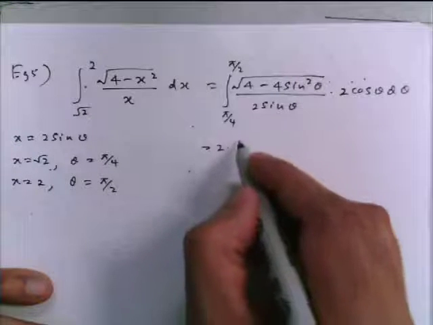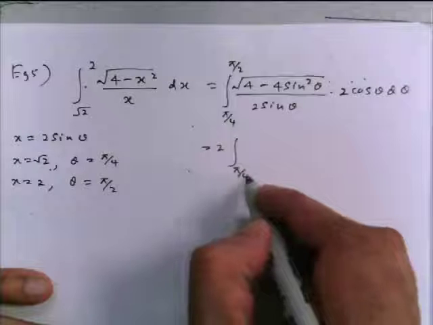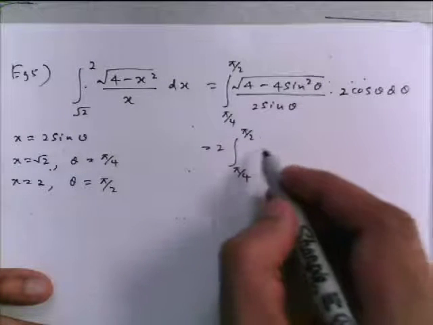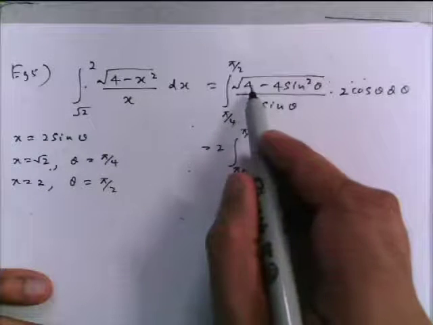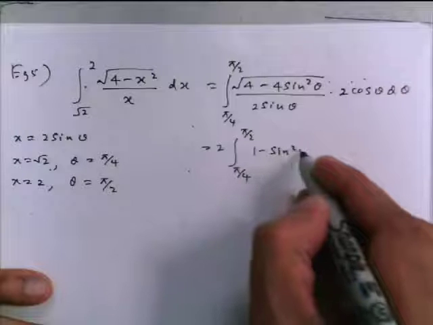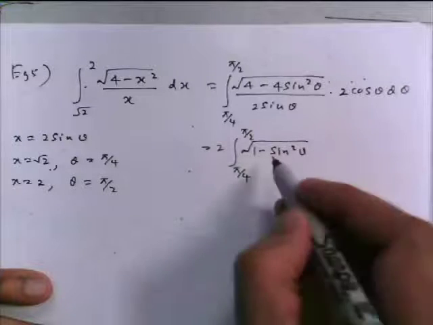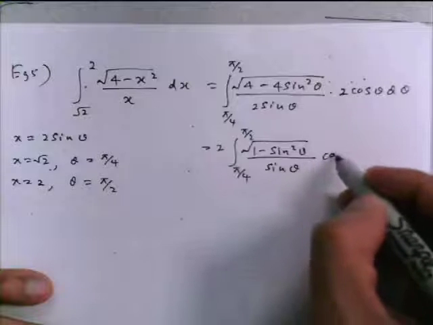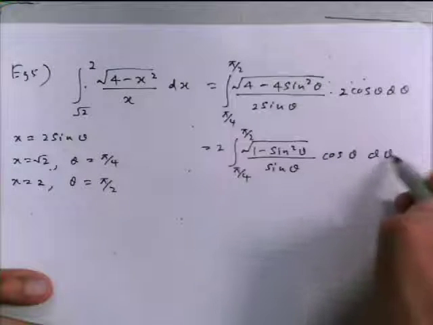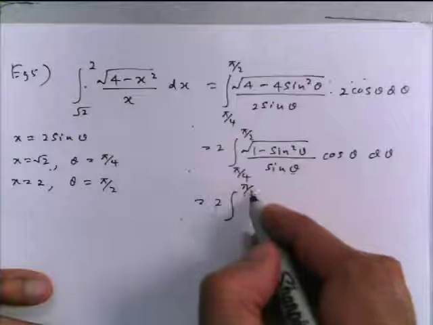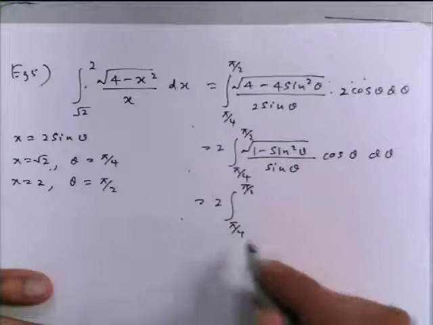You get 2, from pi over 4 to pi over 2, and then you're going to get the square root of 1 minus sine squared theta, times cosine theta d theta, divided by sine theta.